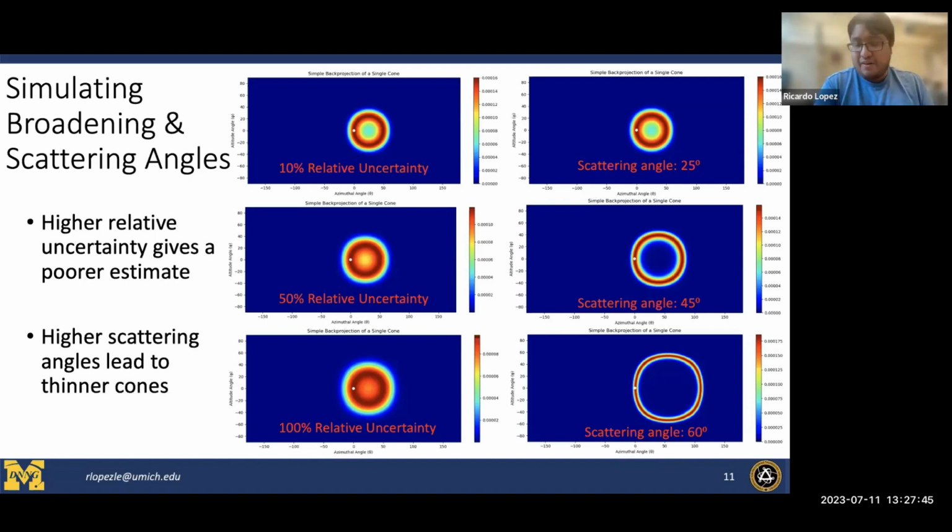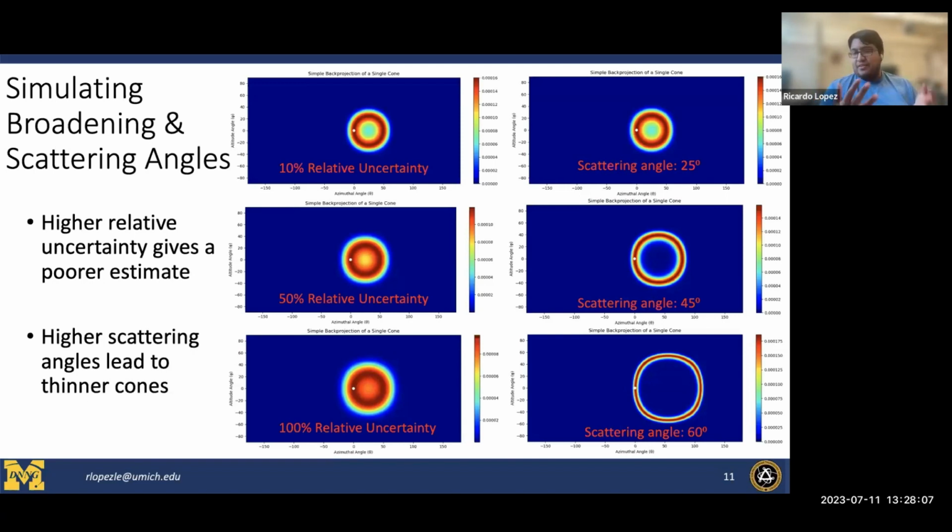Depending on your scenario and what you're actually measuring, this may or may not be a good thing. Generally speaking, though, having a lot of cones of very large scattering angles tends to, from what I have observed in practice, lead to very well condensed and very well defined hotspots.